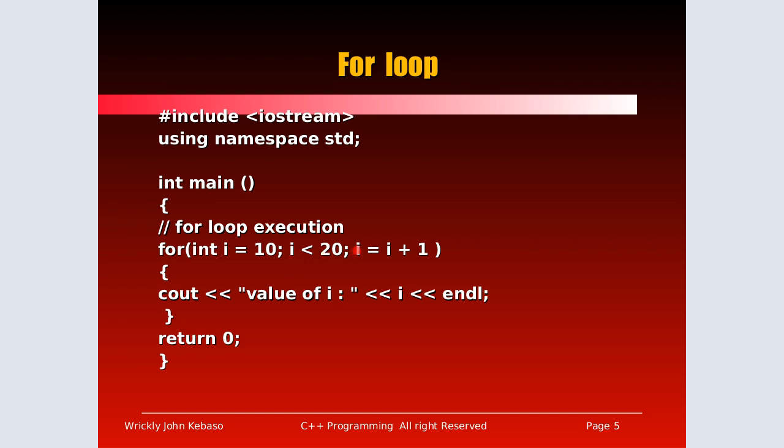Yes, we'll increase it. 19 equals 19 plus 1, so we get 20. Again, we continue displaying. After displaying, we check, is 20 less than 20? No. That is a false statement. The loop will stop there, and then the program will stop after displaying the other elements.